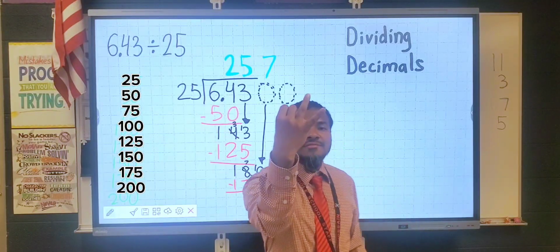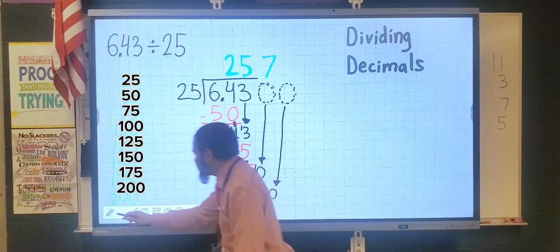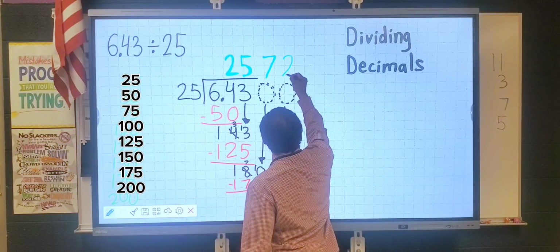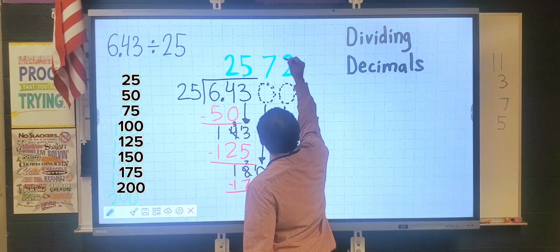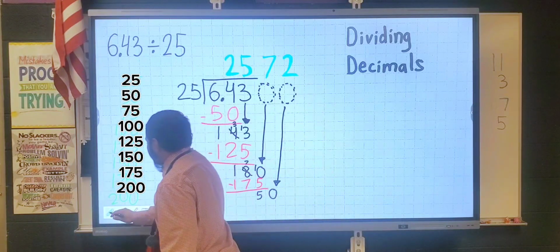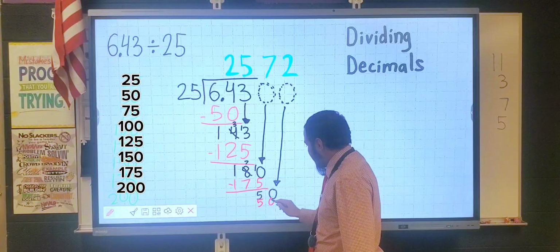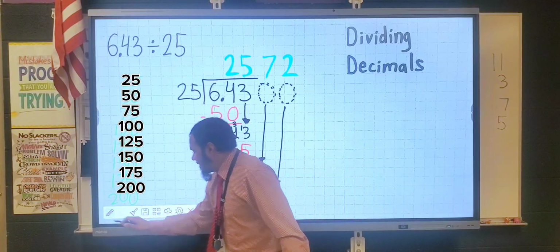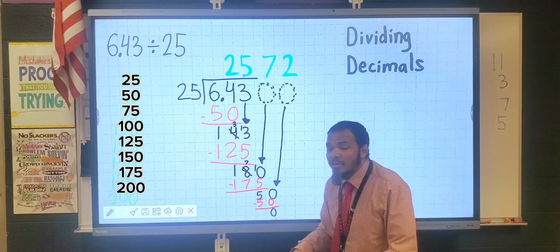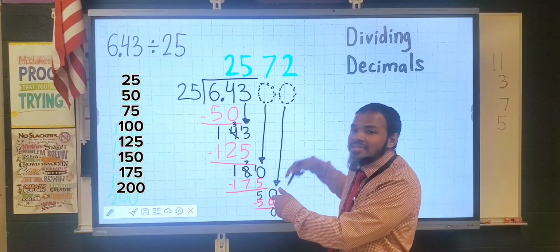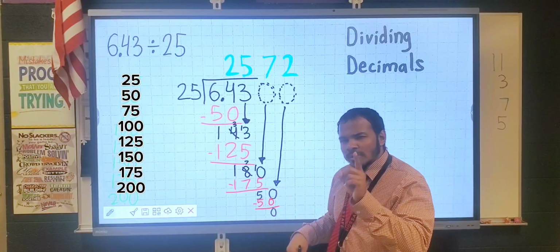So 25, 50. That's exactly 2 times. So I'll put a 2 on top. And then I'll say 25 times 2 is 50, and so 50 minus 50 is 0. So leave them with a 0. That's a no-show. Almost done.